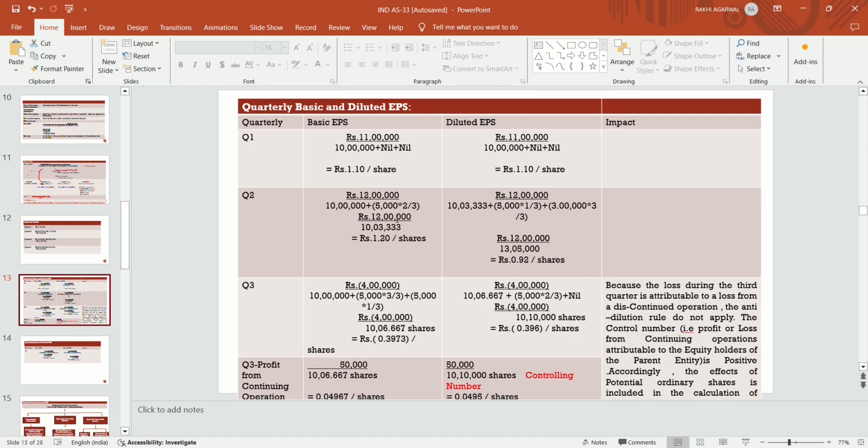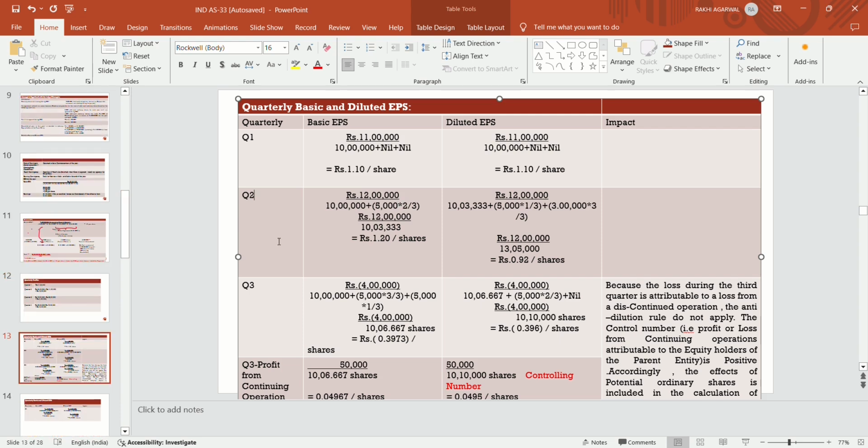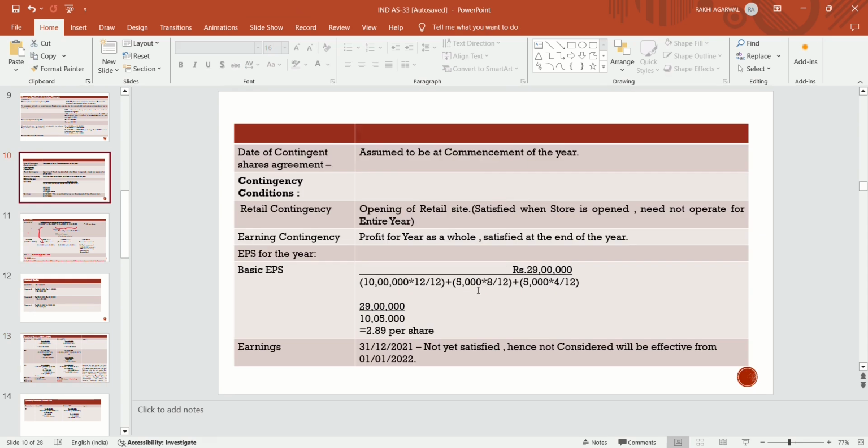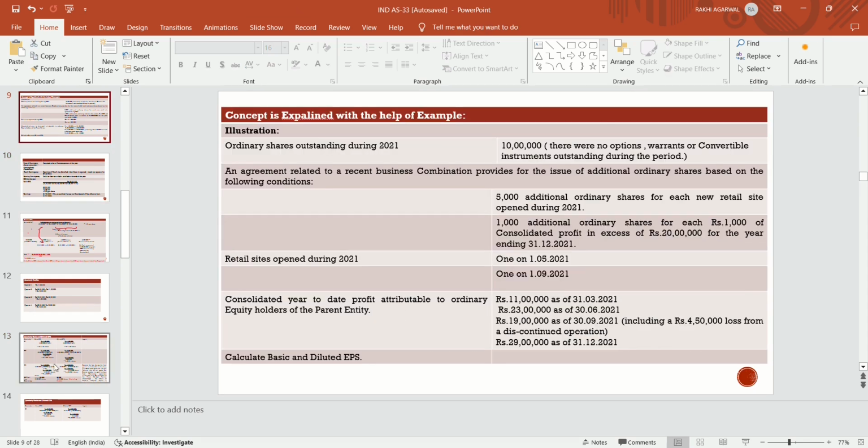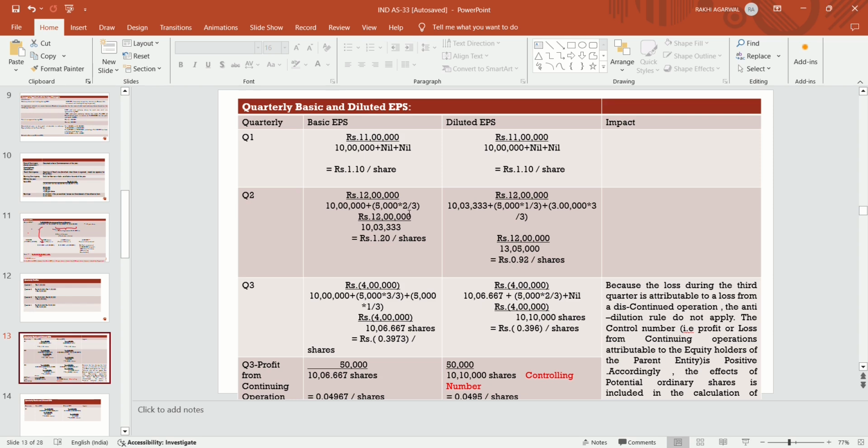Retail contingencies are 5,000 shares for a period of April, May, June, and the site is open on May. So we will give the effects of 2 months only. So 5,000 into 2 divided by 3, that is May and June, because the quarter is for 3 months. So we will give 12 lakhs divided by 10 lakhs, 3,333.